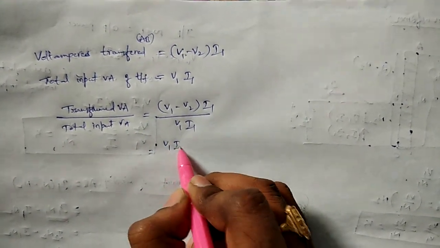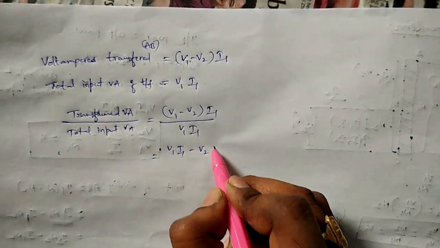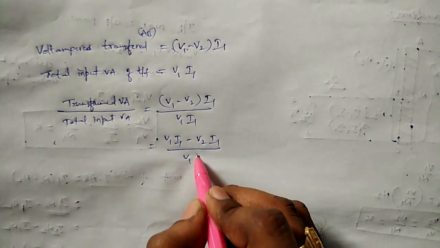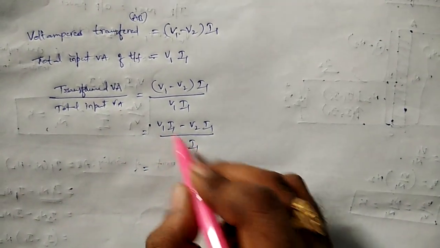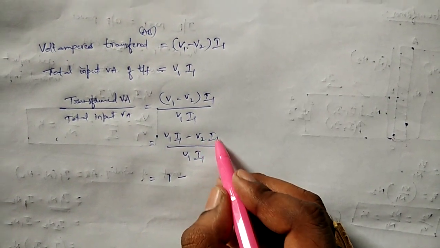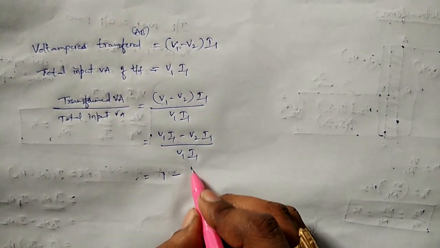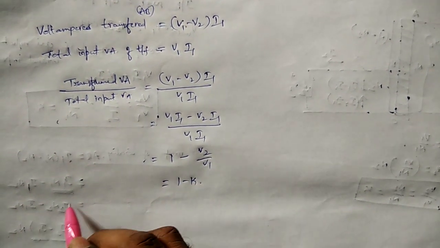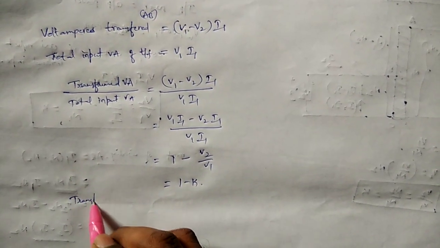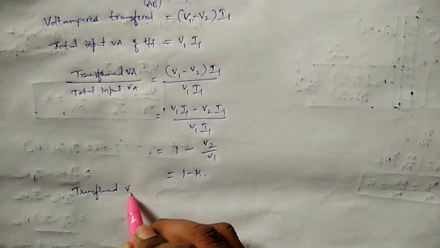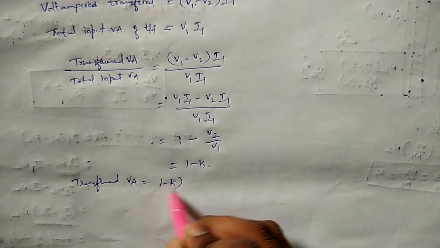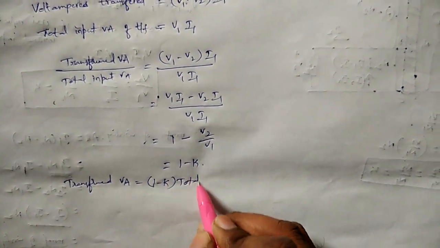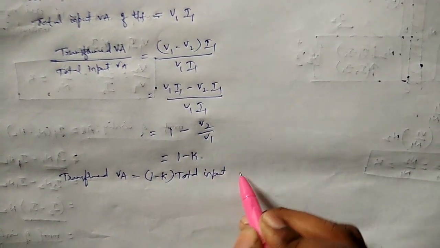So V1 I1 minus V2 I1 divided by V1 I1. So this will be 1 minus, I1 cancelled, V2 by V1. So that is equal to 1 minus K. So transformed volt amperes is equal to 1 minus K into total input volt amperes.